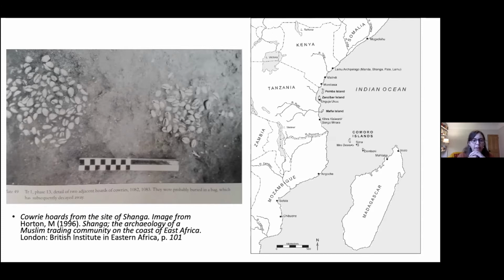This is an example of two hoards of cowries that were found from the quite iconic site of Shanga, which is a Swahili site from the early to mid 2nd millennium AD. So this gives us an idea that cowries were part of some form of exchange and consumption in East Africa over a much, much longer time period.